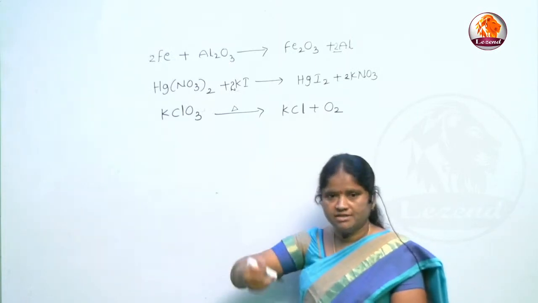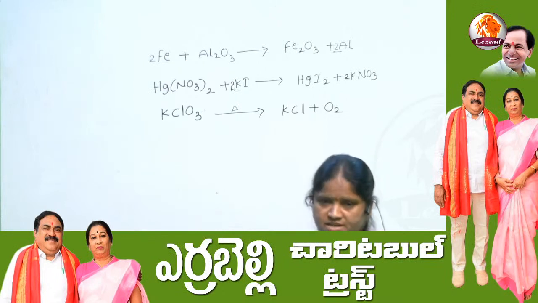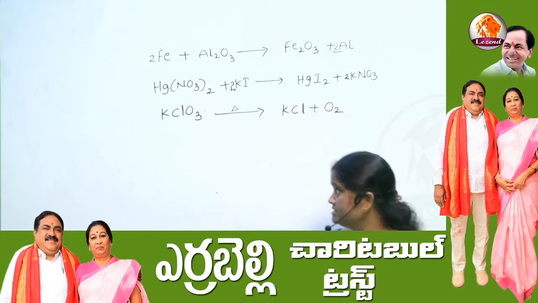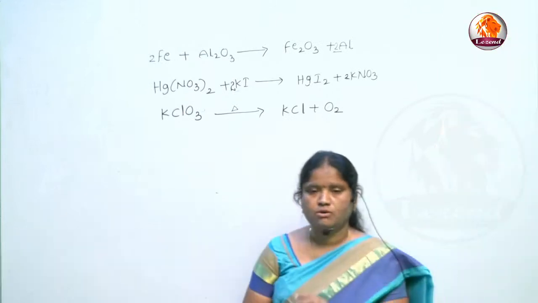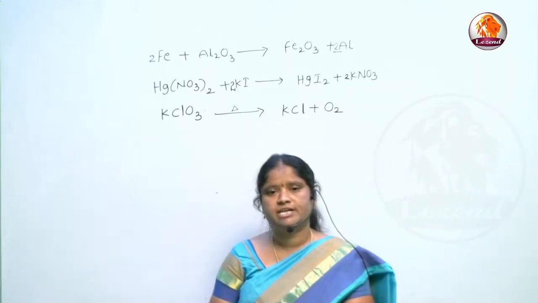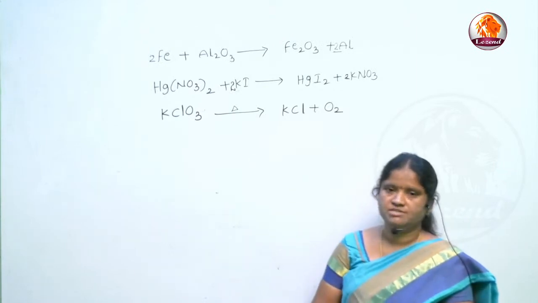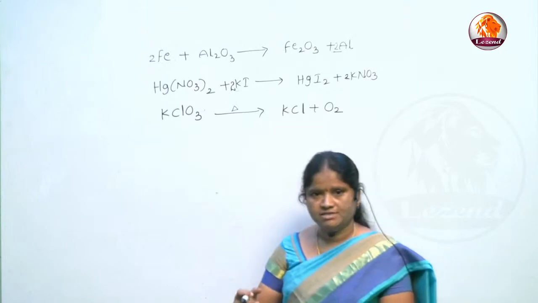Whatever catalyst we are using here. What do we mean by a catalyst? A catalyst is a substance that does not participate in the chemical reaction, but it is useful to increase the rate of the chemical reaction, or to decrease the rate of the chemical reaction, but it does not participate in the given chemical equation. Such a substance we call a catalyst.